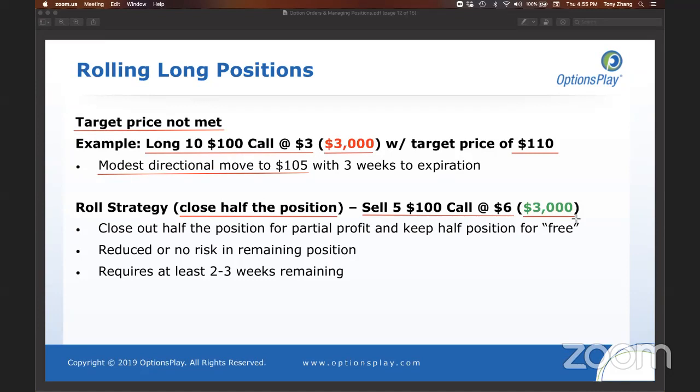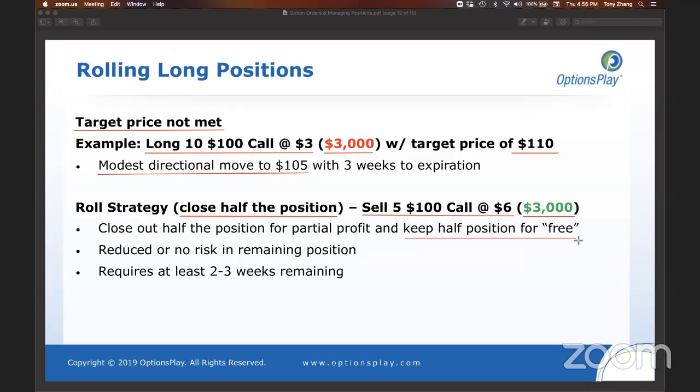What this means is that now I've closed out half the position for a partial profit, and I effectively keep the other half of my position for free, because now I have no more additional risk because I've made back my money on selling my, I'm sorry, my 5 call options for $6 each now.